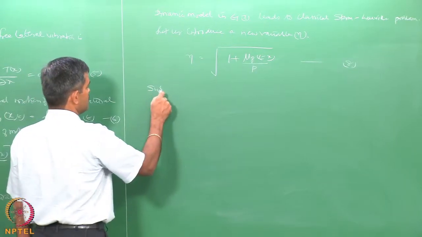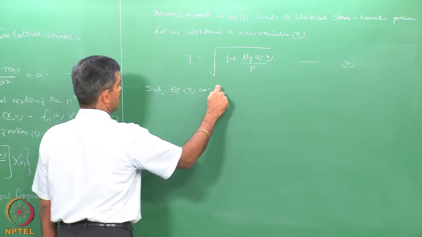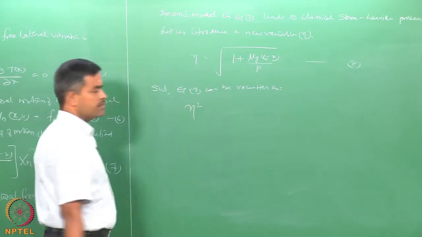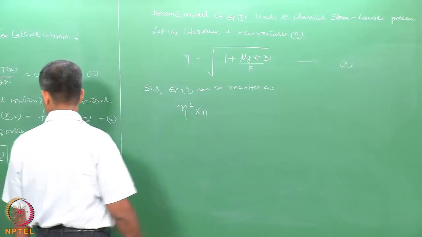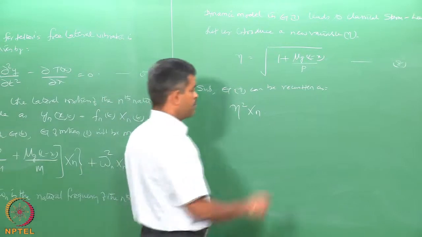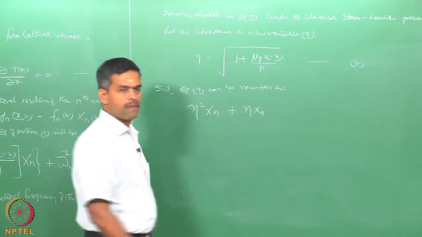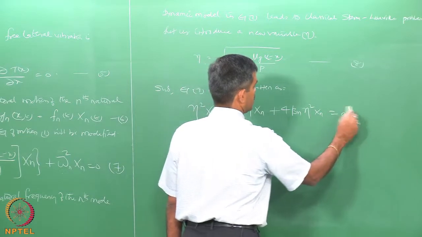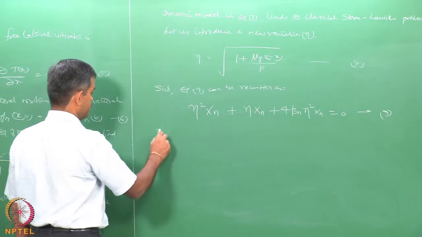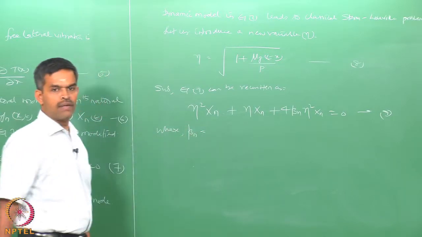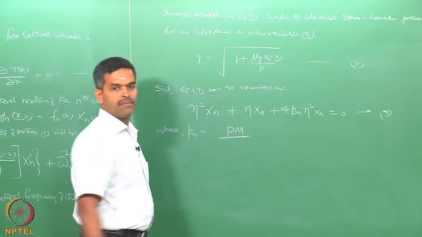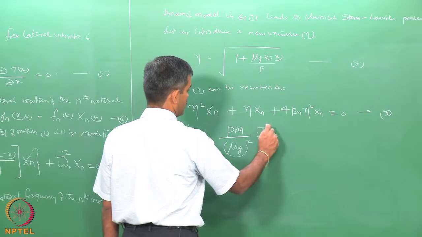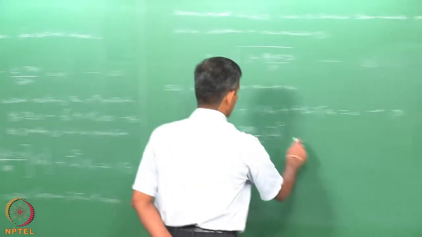Now, substituting, equation 7 can be rewritten as eta square Xn plus eta Xn plus 4 beta n eta square Xn is 0, where beta n can be said as Pm by mu g square omega n square. Equation let us say 9a.